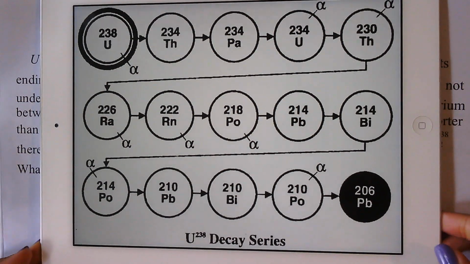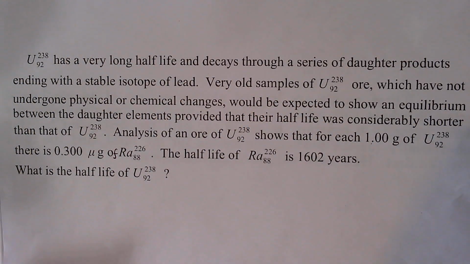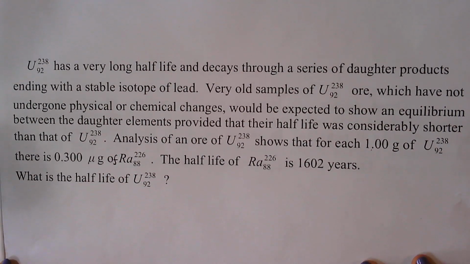And the question told us that very old samples of uranium would be expected to show an equilibrium between the daughter elements.